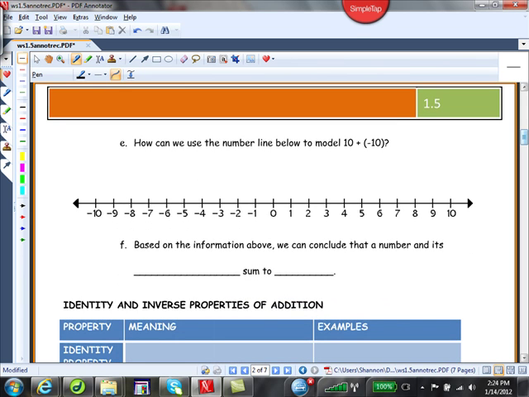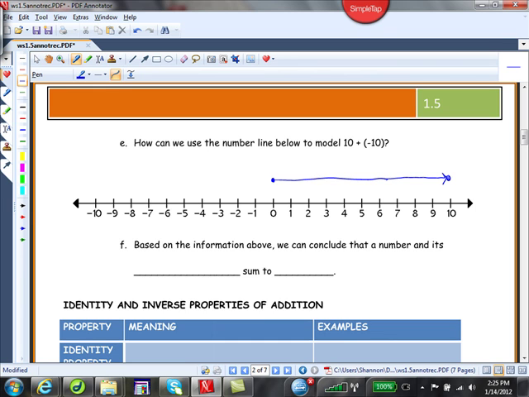So 10 plus negative 10, we can start out by, some people sort of leapfrog, and they go 1, 2, 3, 4, all the way to 10. You can start with 0, you can go over to model 10.